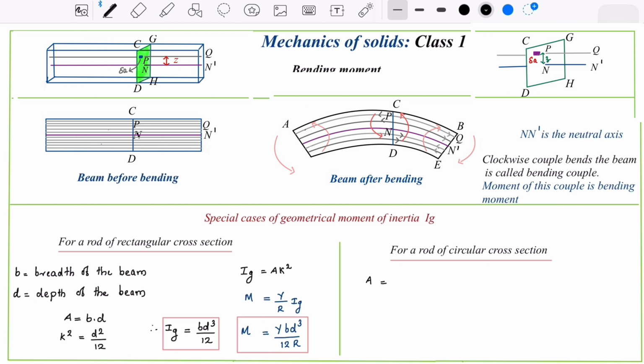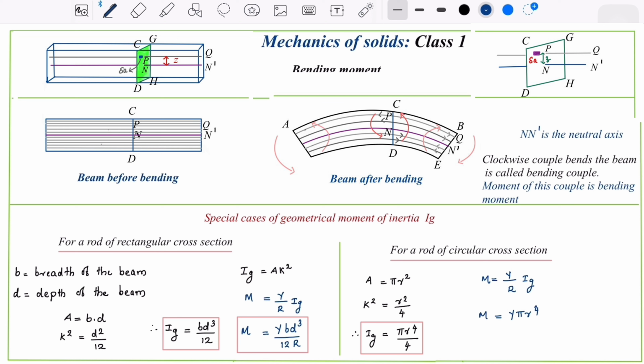Now consider another case for a rod of circular cross section. We know that A is equal to pi r square, and remember that for a rod of circular cross section K square is equal to R square by 4. Therefore Ig is equal to pi r raised to 4 by 4. Here again the bending moment M is equal to Y by R into Ig, that is equal to Y by R pi r raised to 4 by 4.